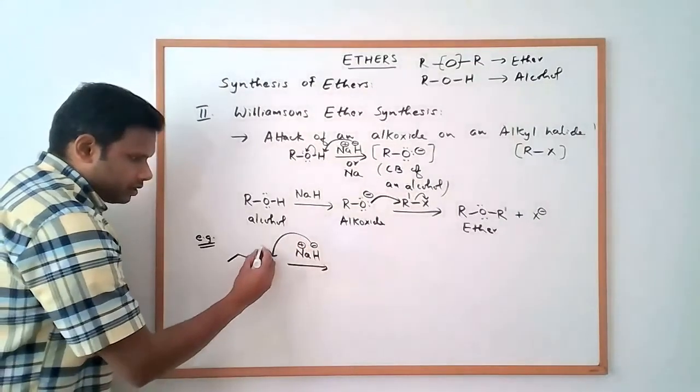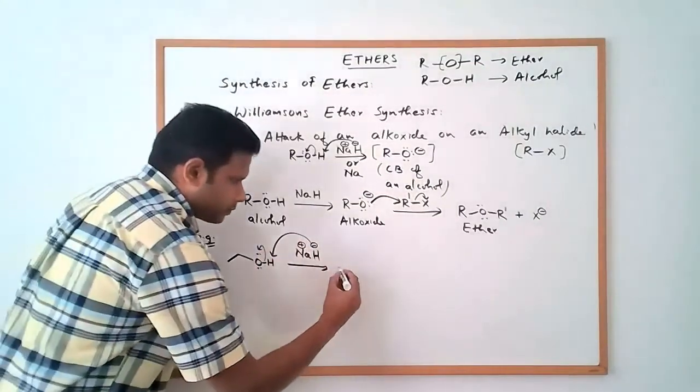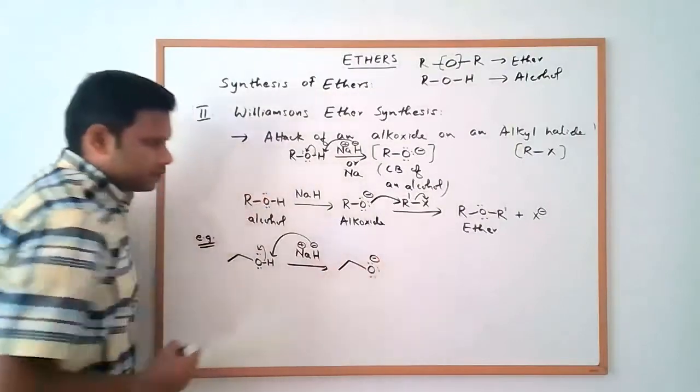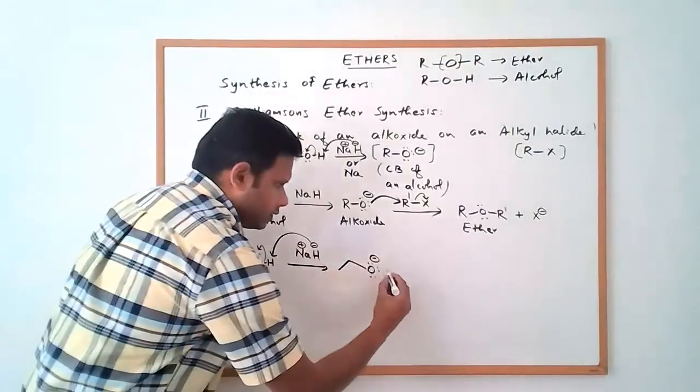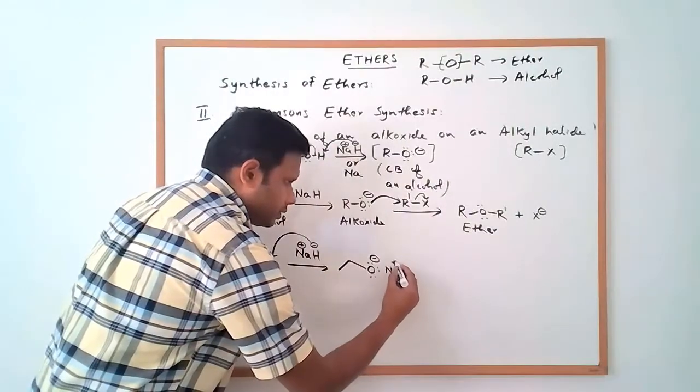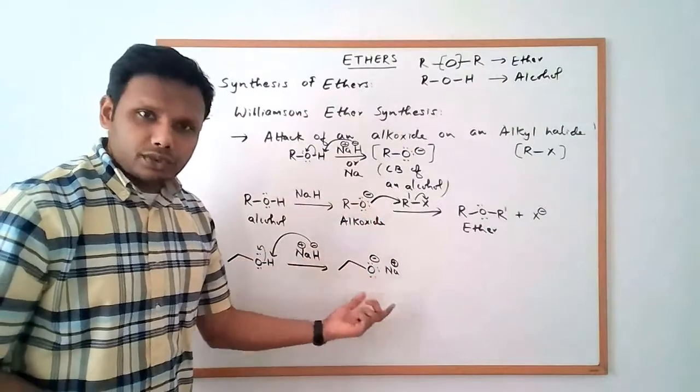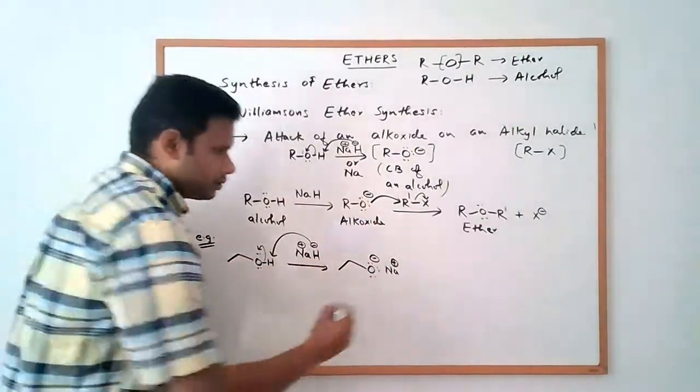So it will come and deprotonate, electrons go here. It will give us the alkoxide. Obviously, the sodium is going to be here, balancing the charge. I sort of left that out here, but the sodium is going to be balancing the charge here.